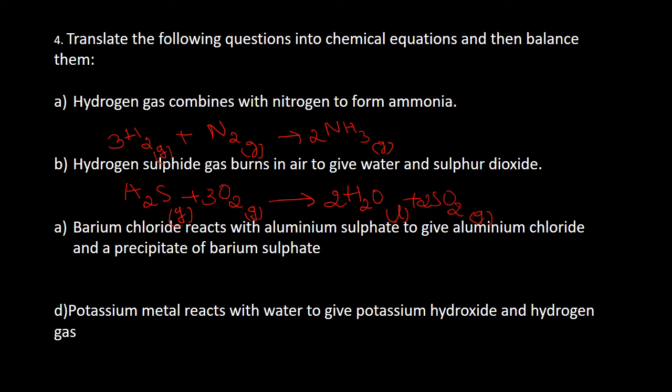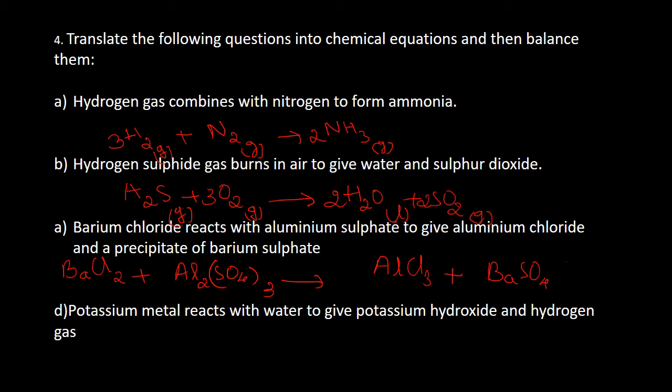Now next question, barium chloride reacts with the aluminum sulfate to give aluminum chloride and a precipitate of barium sulfate. So let us write the chemical formula for the elements involved. Barium chloride BaCl2 plus aluminum sulfate Al2(SO4)3 gives aluminum chloride AlCl3 plus barium sulfate.